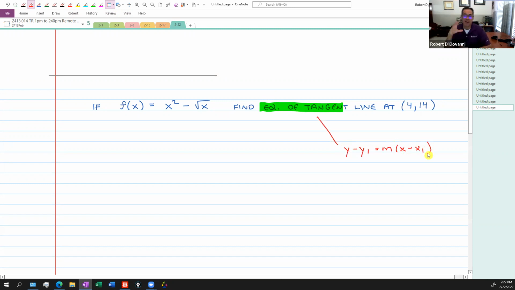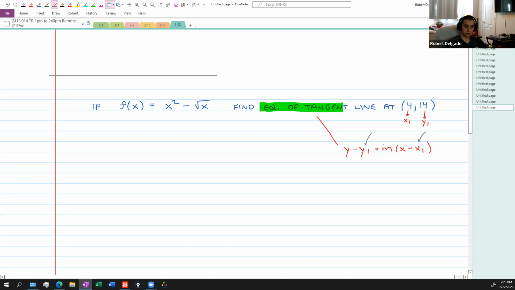That's the generic formula we use to find the equation of any line. We need a point, x1 and y1, but that's already given to us. What's the only other thing we need? The slope, right?